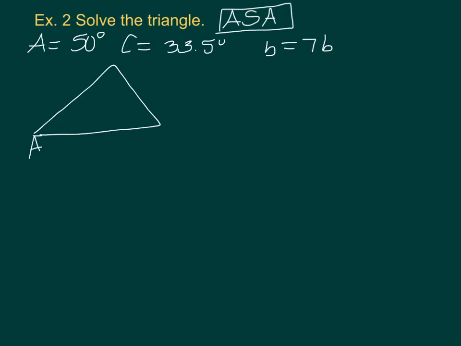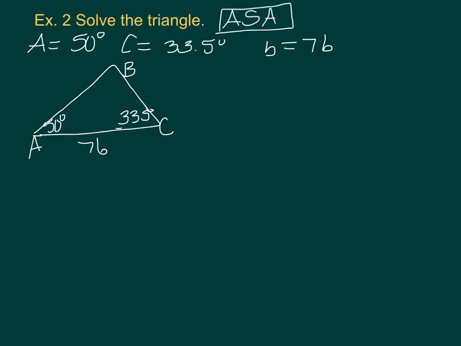And it doesn't matter how you label your triangle. So we have angle A, then we have side B, and then angle C. So see how the side is in between the two angles? That's the angle, side angle.